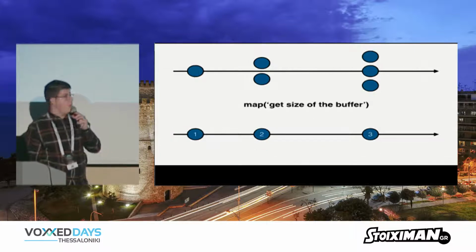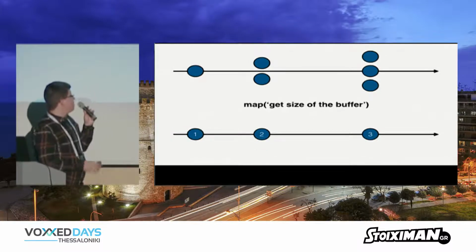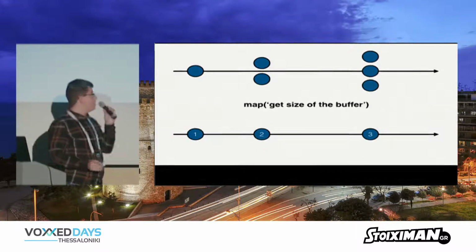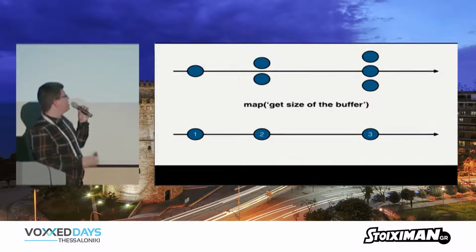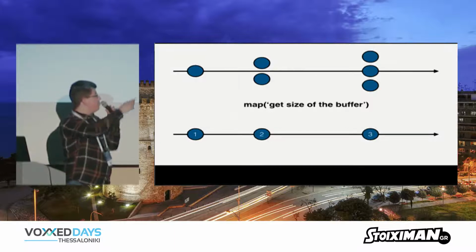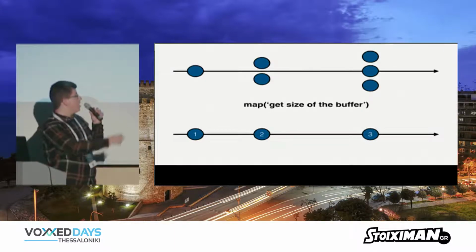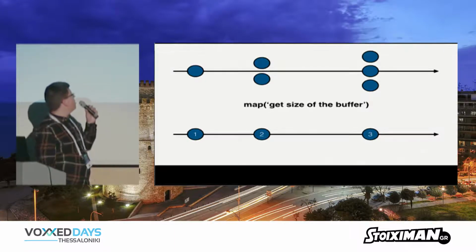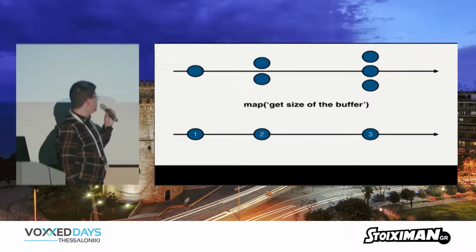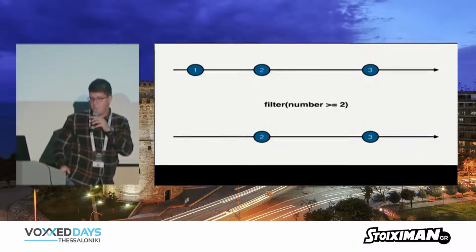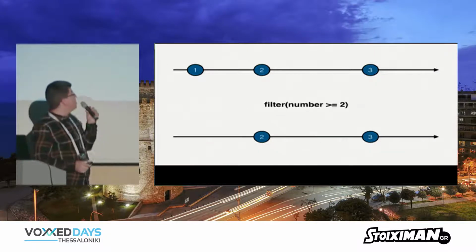So this is our stream. In reactive programming, we can do something like this. We can map through each buffer and get the size of that buffer. The first one has 3 clicks, so we get the integer 3. The second one is 2, and the third one is 1. We can also do filtering.